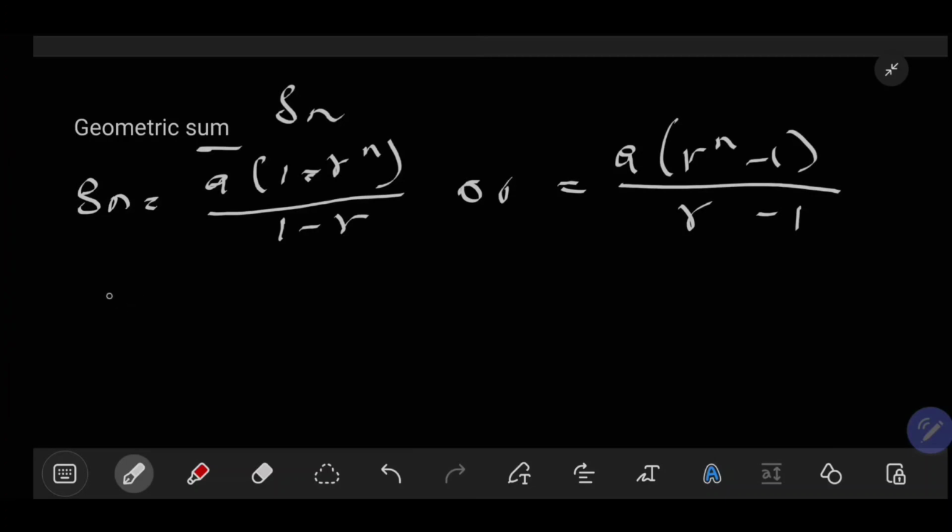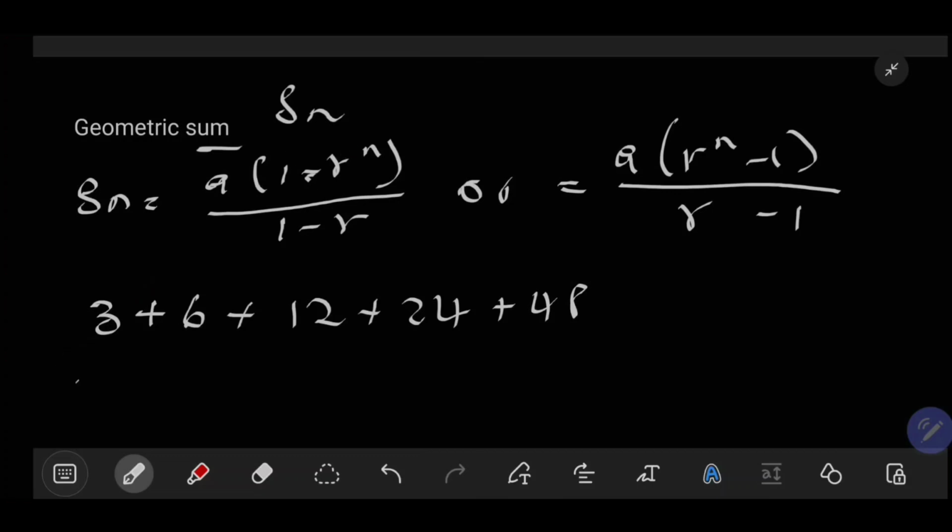Consider this series: 3 plus 6 plus 12 plus 24 plus 48. If a question comes and says calculate the sum of the first 20 terms of this series, the formula wants the value of a, which is the first term, then the r value.